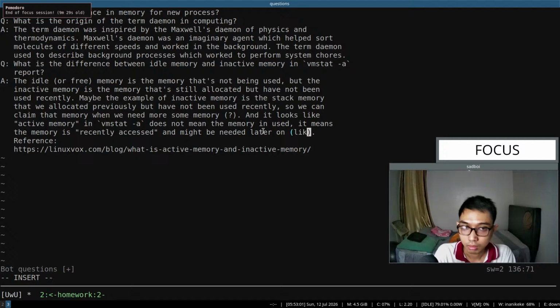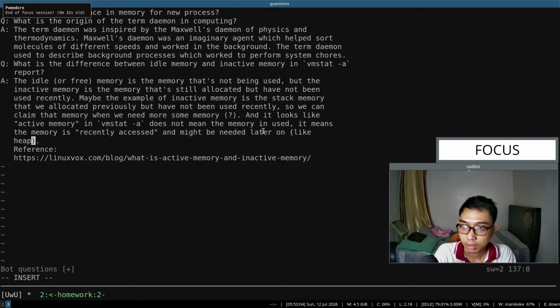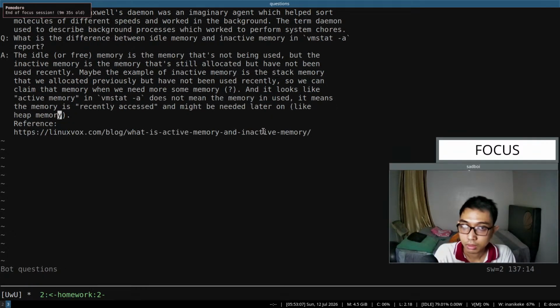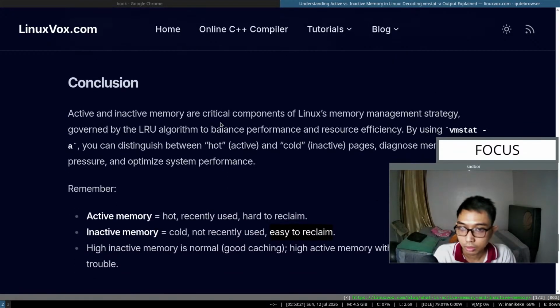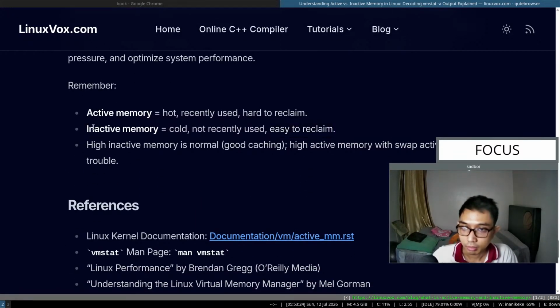Like heap memory, maybe. So yeah, I'm still not sure about the example of active memory and inactive memory, but I guess that might be an example of it.